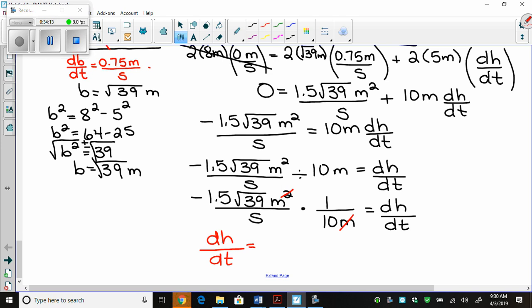Negative 0.936 meters per second. So if they wanted you to do this, they'd have to let you use a calculator.